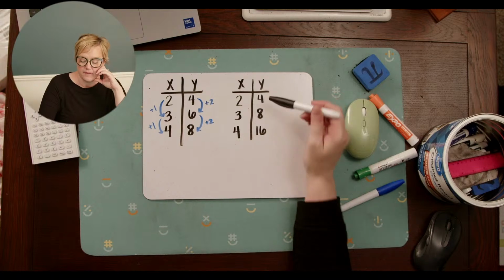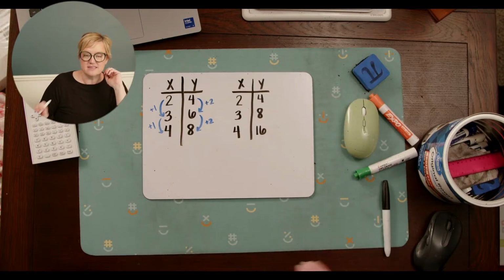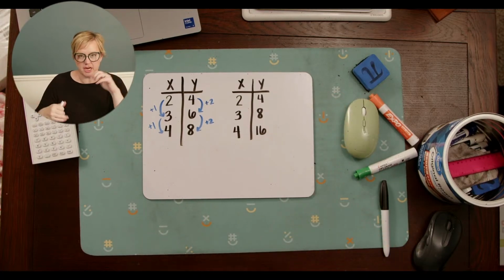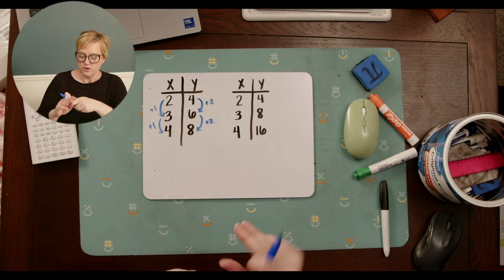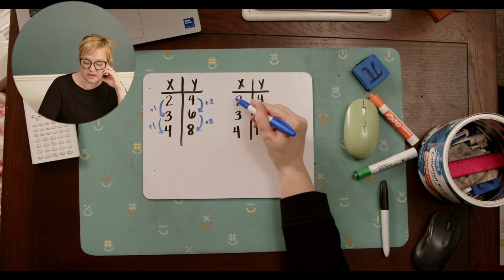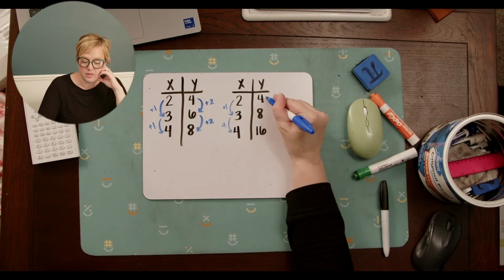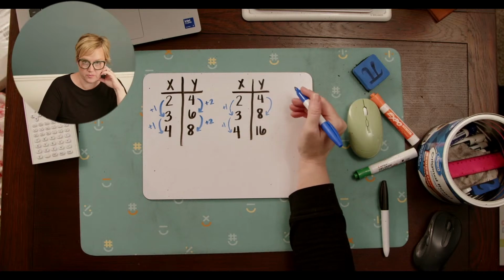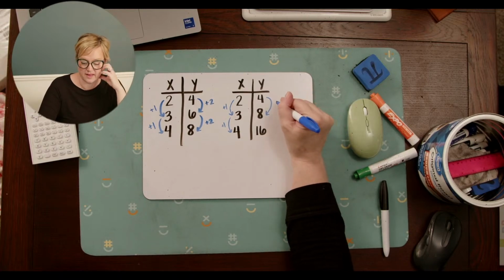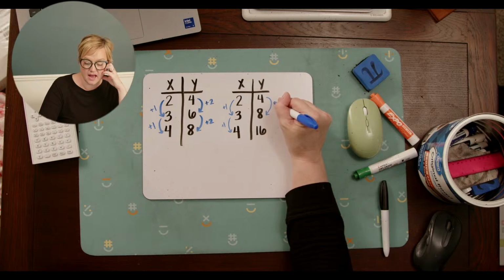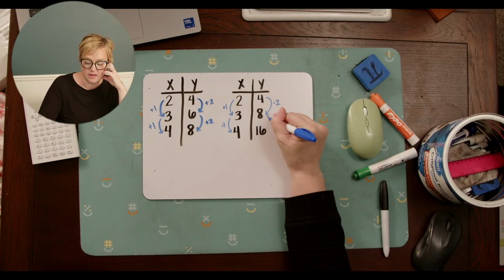So the increase is not linear. It's changing each time, even though the x is still plus 1 and plus 1. It is times 2 each time.